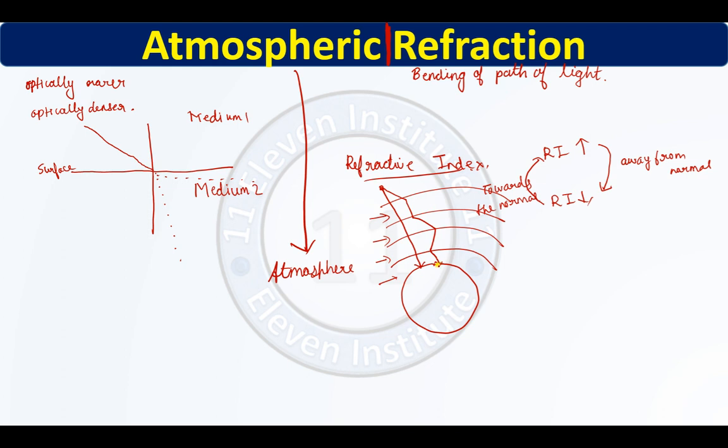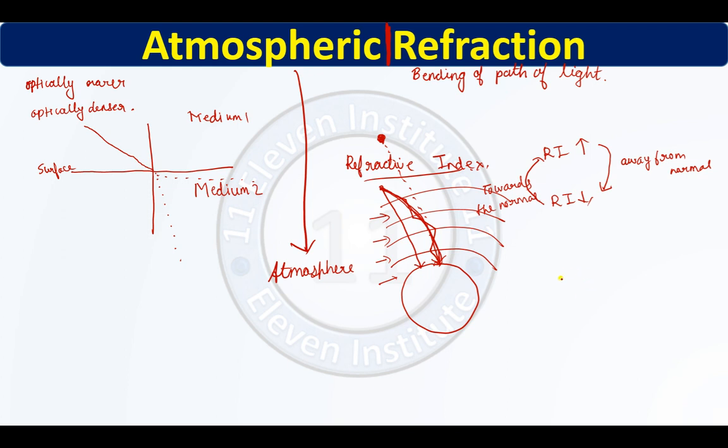After so much movement it reaches the surface of the earth. Overall, it bends like this, due to which the object is actually over here, but we see it raised over here. When I draw a line for the image like this, I can see the image of this object. So these objects appear raised.